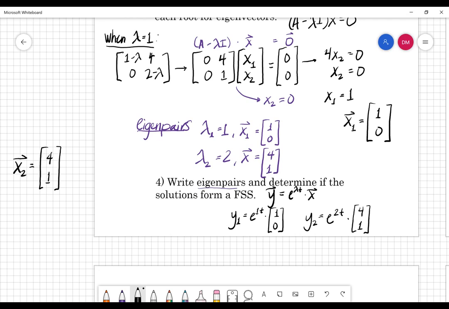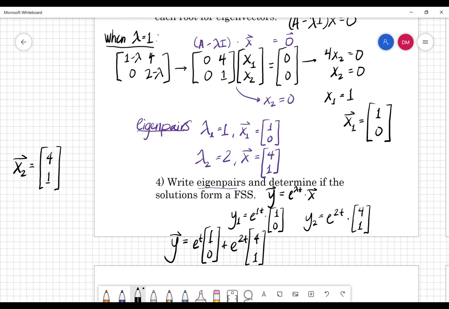Okay, so that means to write out our full solution here for y, we could say that we have e to the t times the matrix 1, 0 plus e to the 2t times the matrix 4, 1.